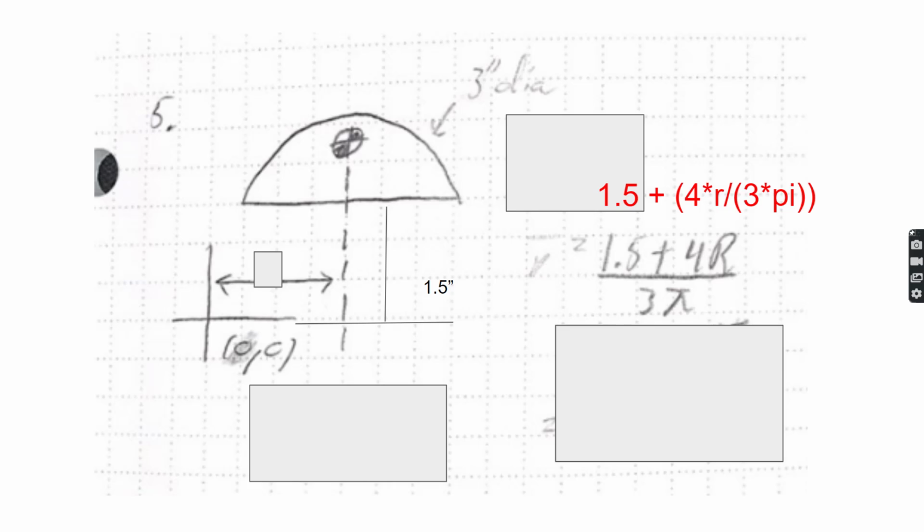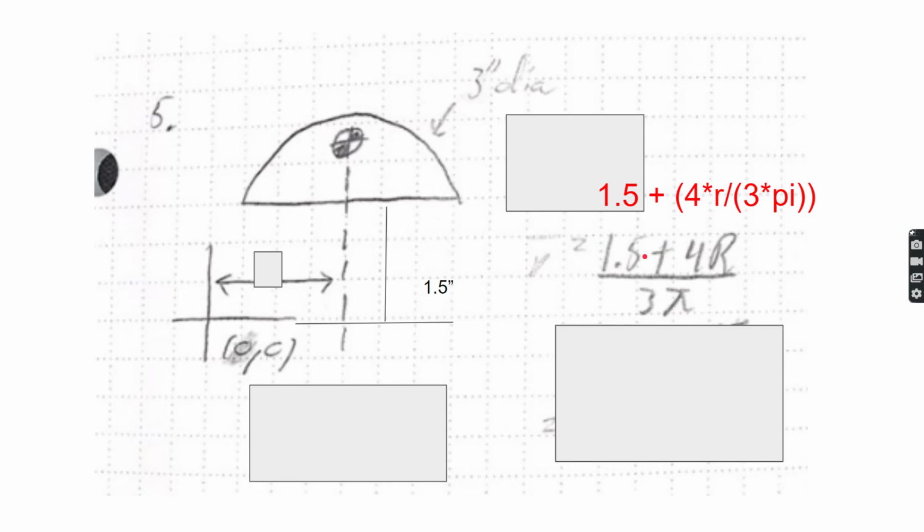Another thing that I noticed and made perfect sense, so I wanted to cover why someone may have done this, is on the semicircle. The 1.5 in the y bar here does not become a part of the formula. The formula is still just 4r divided by 3 pi.